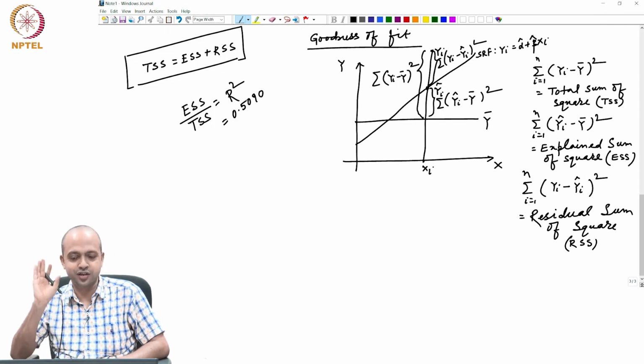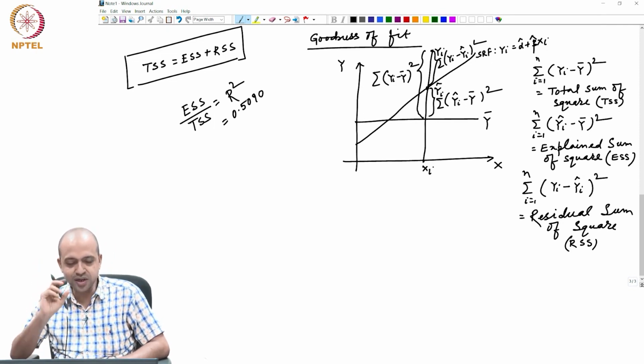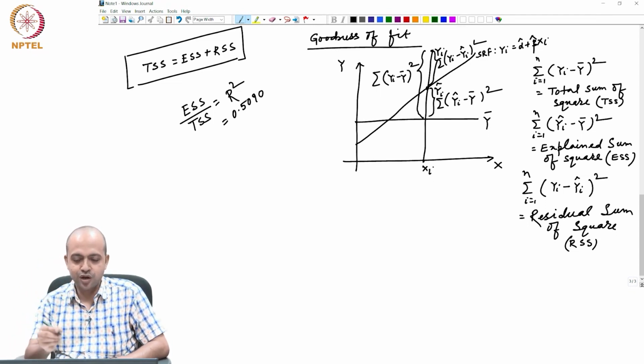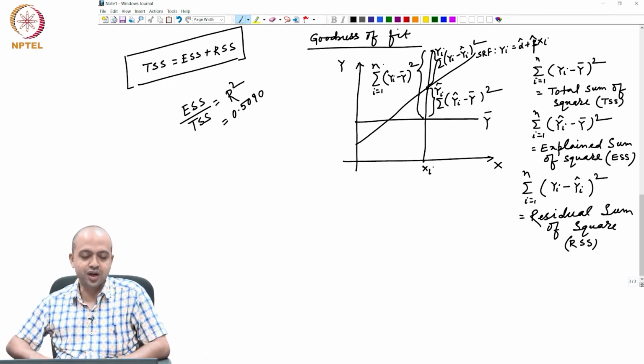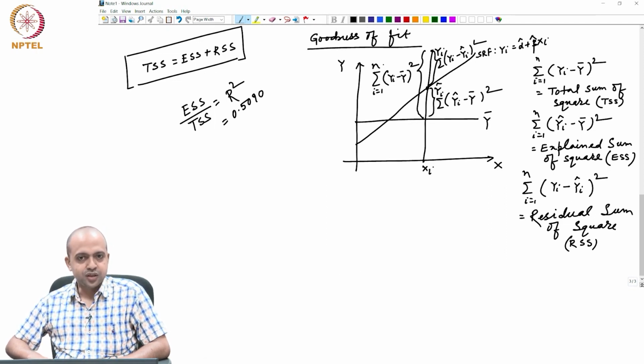Out of the total variation in yi, which is yi minus y bar whole square, how much your model is going to explain, that proportion is known as R square. It means that my model is going to explain 50.90 percentage of total variation in yi around its mean value.